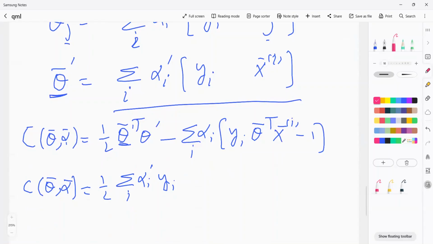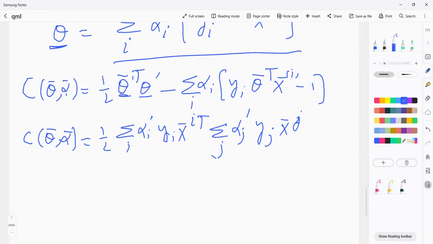And when I substitute this, we get the sum of alpha i yi xi transpose. And then for this theta, let me use another index, j: alpha j, yj, and xj, minus the second term.